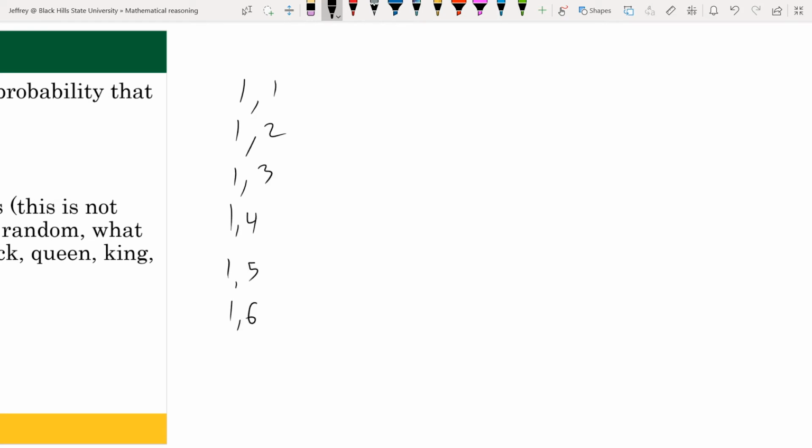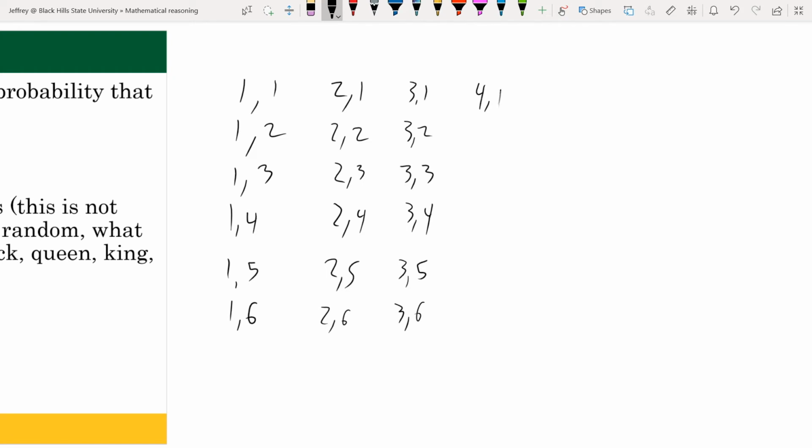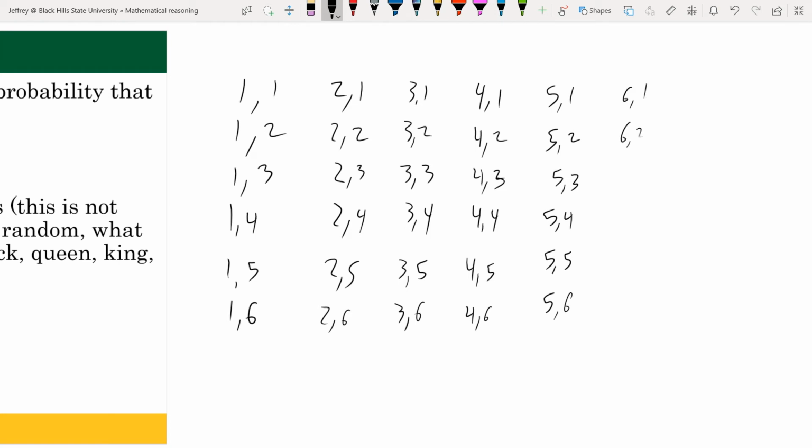What I've written down so far is all the different outcomes where the first die is a 1 and the second die is some other number. Now I'm going to change the first die to 2 and repeat. There's probably a faster way to figure out the number of outcomes in total.